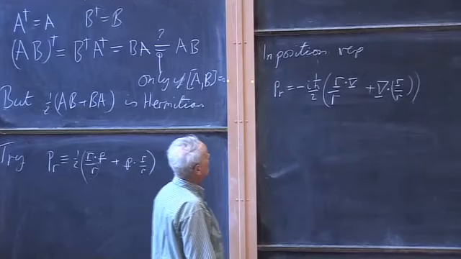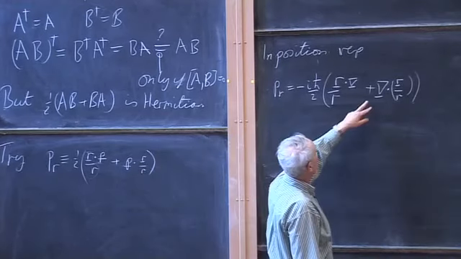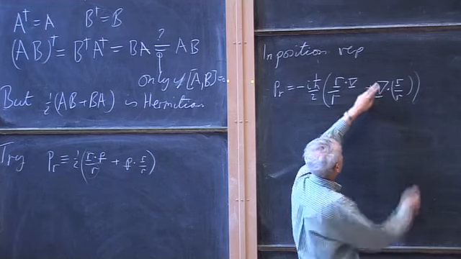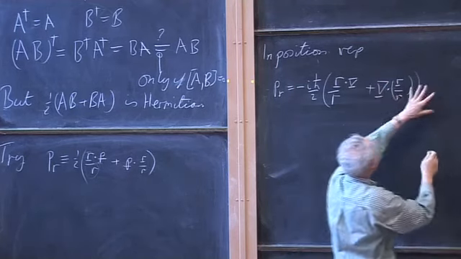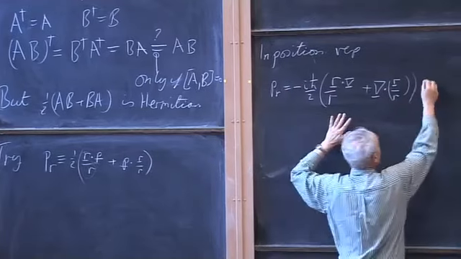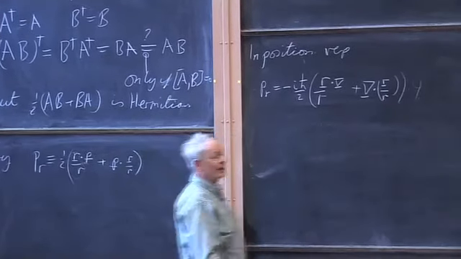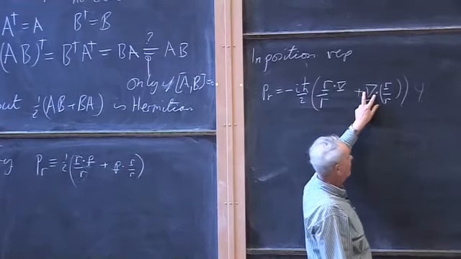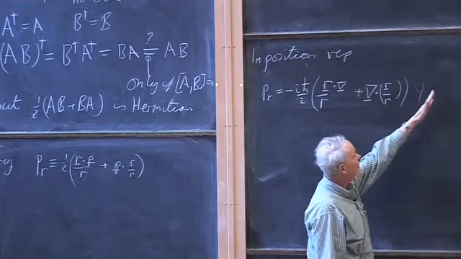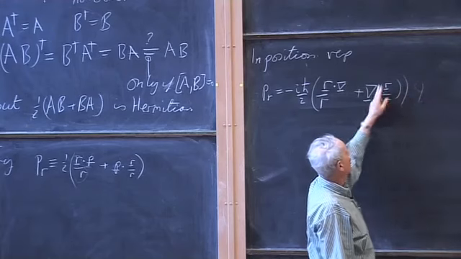Well, now, the issue is this. This isn't quite the divergence of. What this means is this is, remember, an operator. It's waiting for a wave function to come and stand in front and get operated on, right? So this differential operator operates on everything to its right. It operates on this, and it operates on these two.